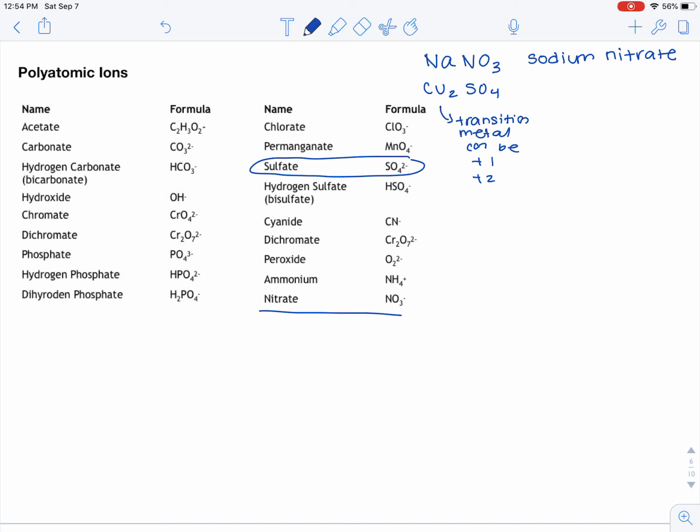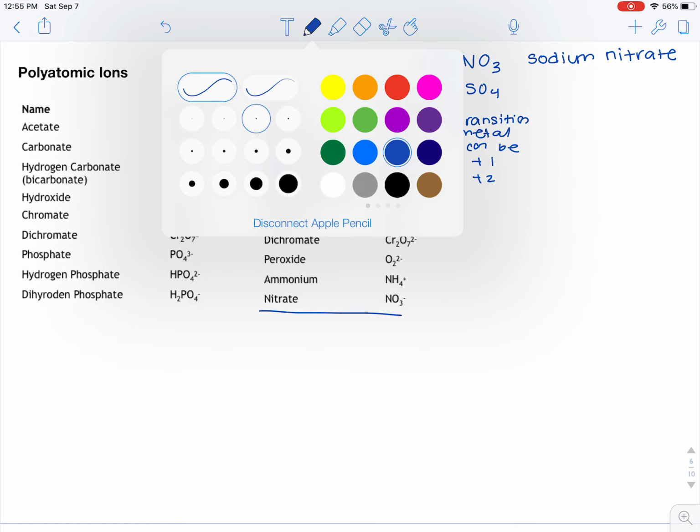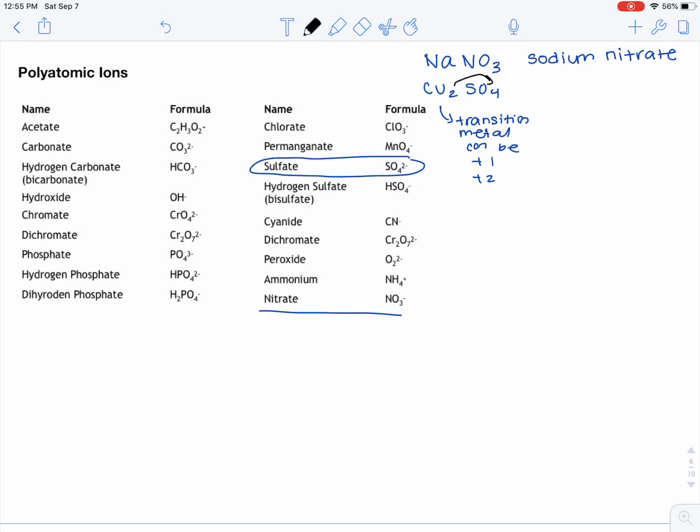So I have the 2, if I change the color here, that comes from the sulfate. Since there's no other subscript after the sulfate, it's just SO4, it's like there being an invisible 1, which means that you have copper +1. So the name of this would be copper(I) sulfate.